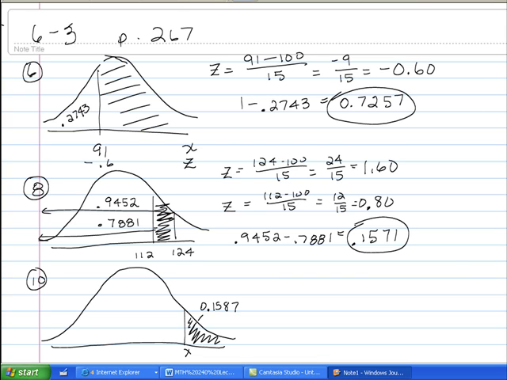So we need to figure out this area because that's what's in the table. So we need to subtract the area from 1. 1 minus 0.1587 is 0.8413.